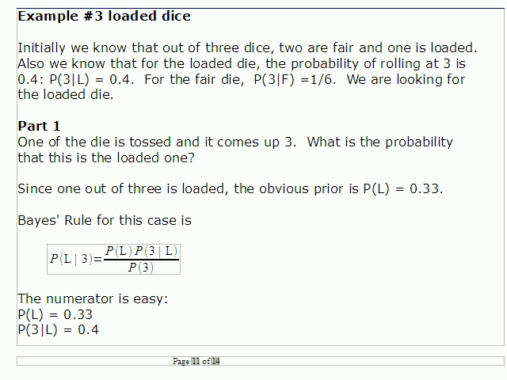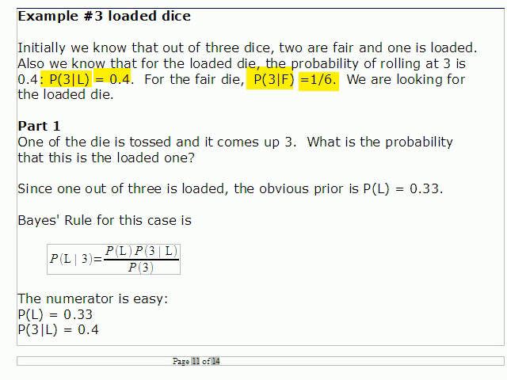So that's written right here. Probability that a 3 would be rolled given that it's loaded is 0.4. For the fair ones, the probability that it's a 3 is 1/6, because that's how it typically was. There's no reason to think it would be anything other than the ideal case. So we're looking for the one that's loaded.